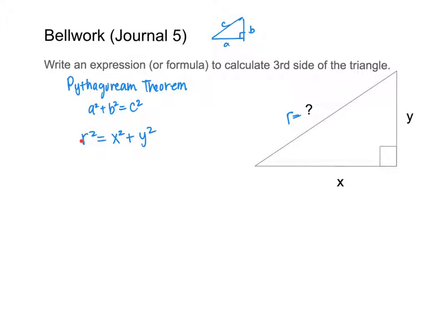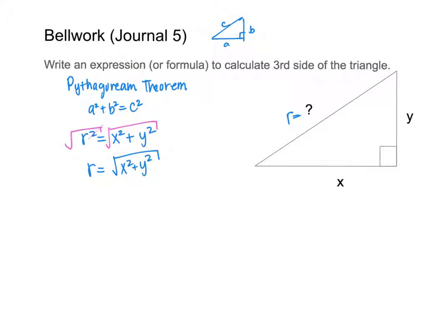But I want to solve for r. So what I have to do is try to get r by itself. There's a square here, so I have to get rid of that. So I'm going to take the square root of things. There we go. And now the square root will cancel with the square, bringing down just the r, and then we have the square root of x squared plus y squared.